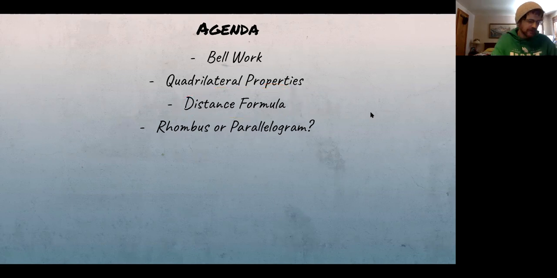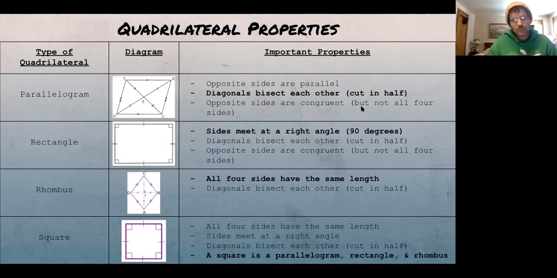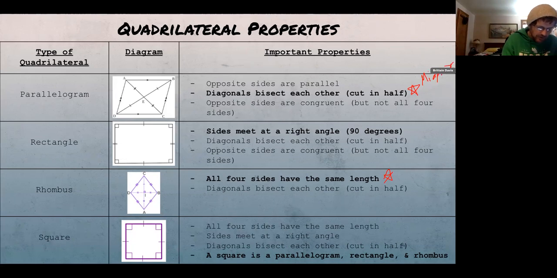All right. So let's start by looking at quadrilateral properties. The property that matters for today is this one right here. But I want to remind you, this is the one we used for midpoint formula. I'll just put midpoint right here. This is the one we are looking at for perpendicular lines. I'll just put PERP for perpendicular.